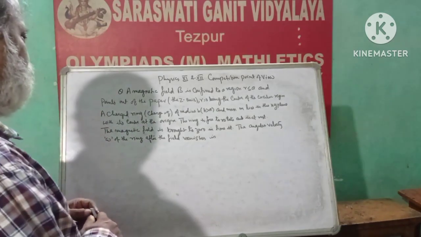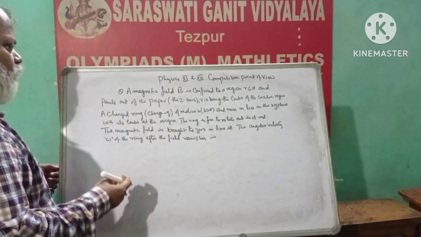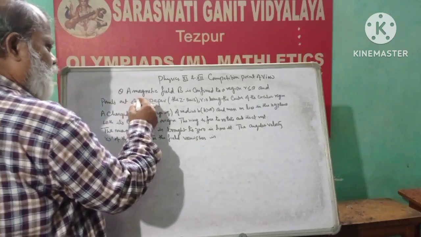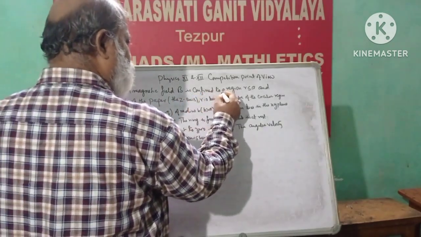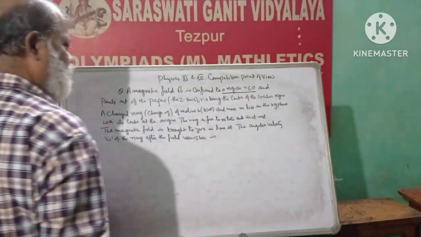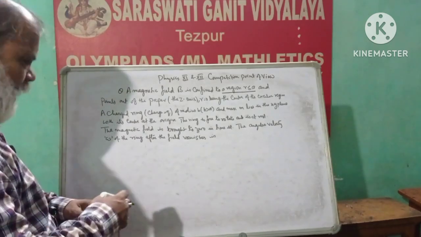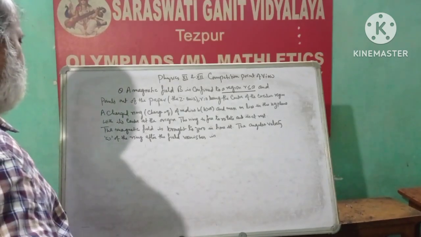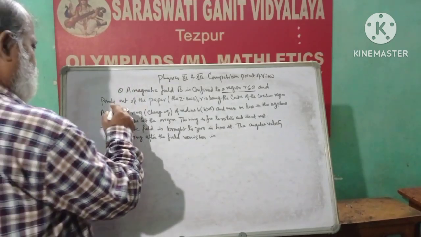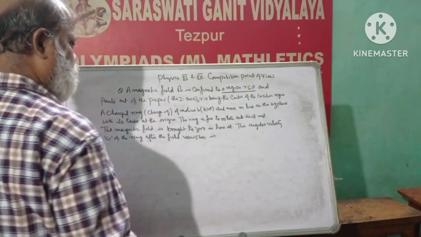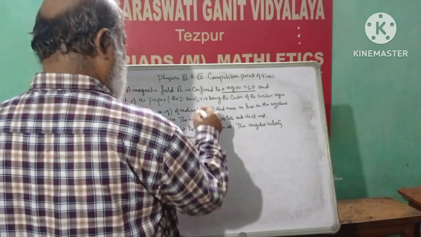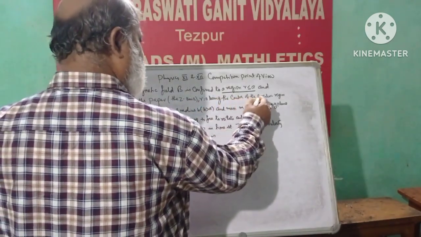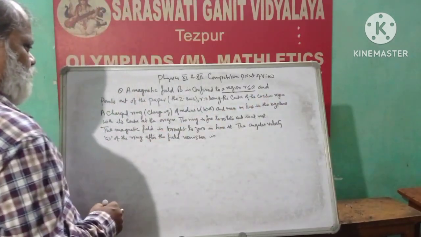Now first of all, you give stress on the question. The magnetic field B is confined to a region R less than or equal to A, and points out of the paper, the z-axis, R equal to 0 being the center of the circular region.